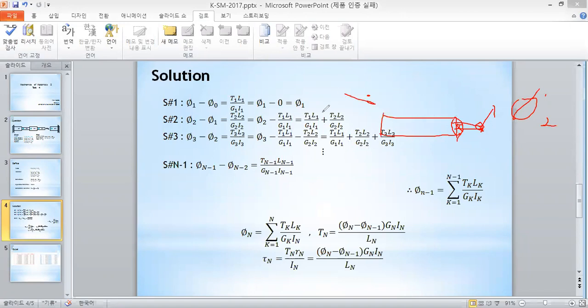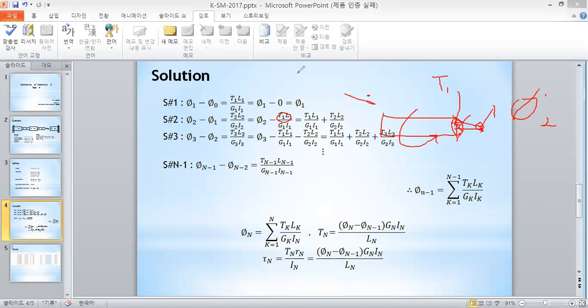In this page, this Tn is not the torque applied to each shaft. We consider the real torque working on each shaft, Tn.